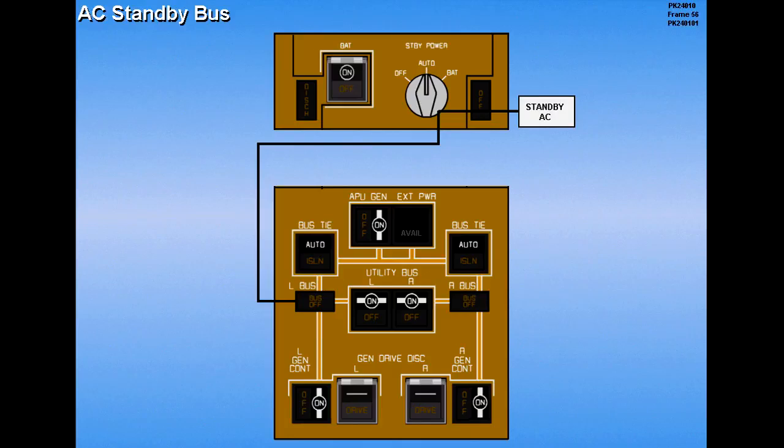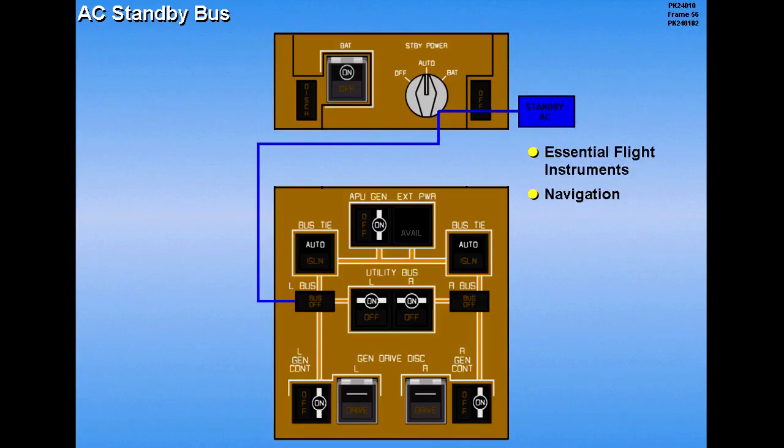The AC standby bus is powered by the left main AC bus and automatically provides power to the essential flight instruments, navigation, communications, and lighting systems if the standby power selector is in the auto position.